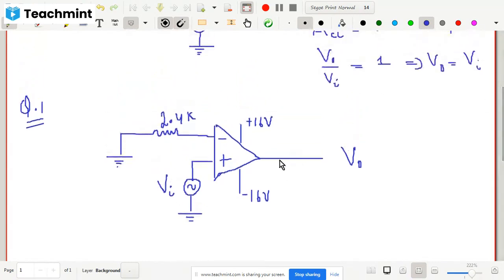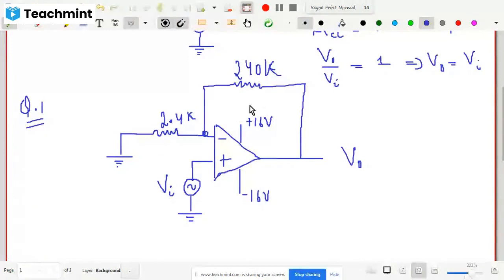Now here you need to find out the output. Your feedback is also given, and the value of feedback is 240. This is a very simple question actually. How would you find out the output?